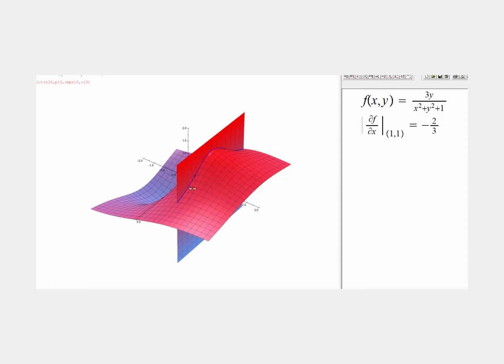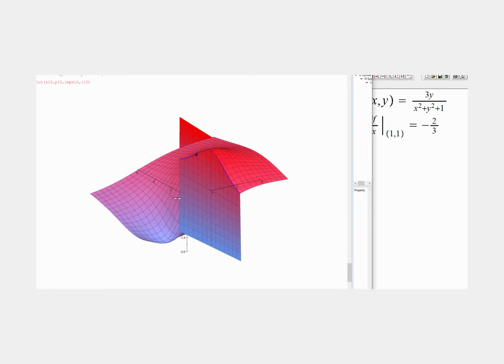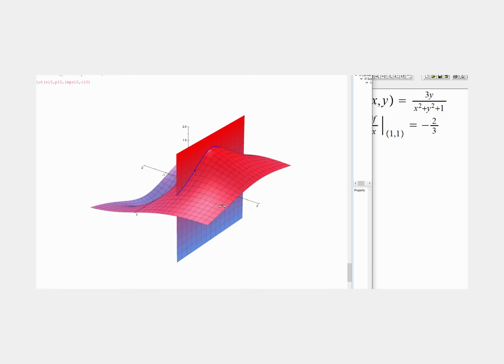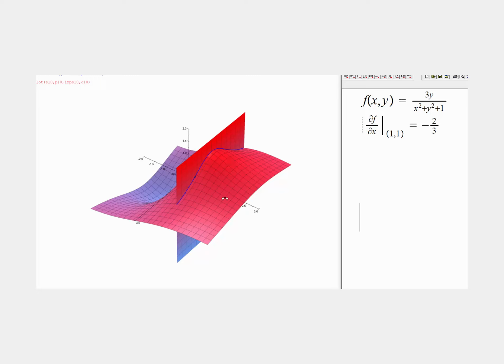So here is the curve of intersection and here is the point. Now if you look at the direction of x increasing, what you find is that the slope of the tangent line is negative 2/3. That's what the partial derivative with respect to x at 1, 1 equals negative 2/3 meant geometrically.